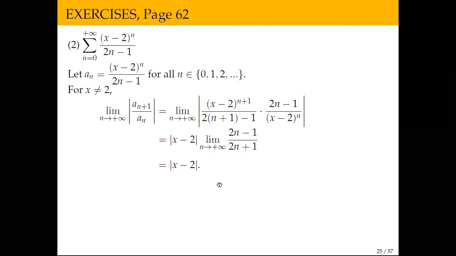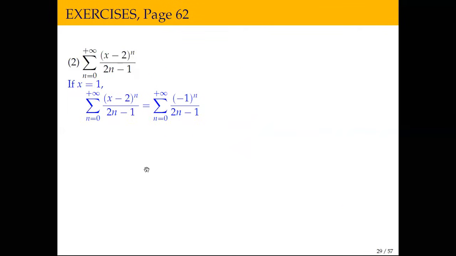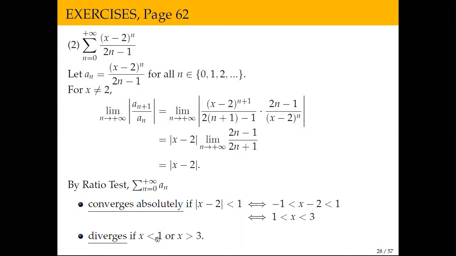By the ratio test, this infinite series converges absolutely whenever this value is strictly less than 1. It is equivalent to say that this infinite series converges absolutely whenever x is greater than 1 but less than 3. By the ratio test also, we can say that this infinite series diverges whenever x is less than 1 or x is greater than 3. So far, what information do we have?